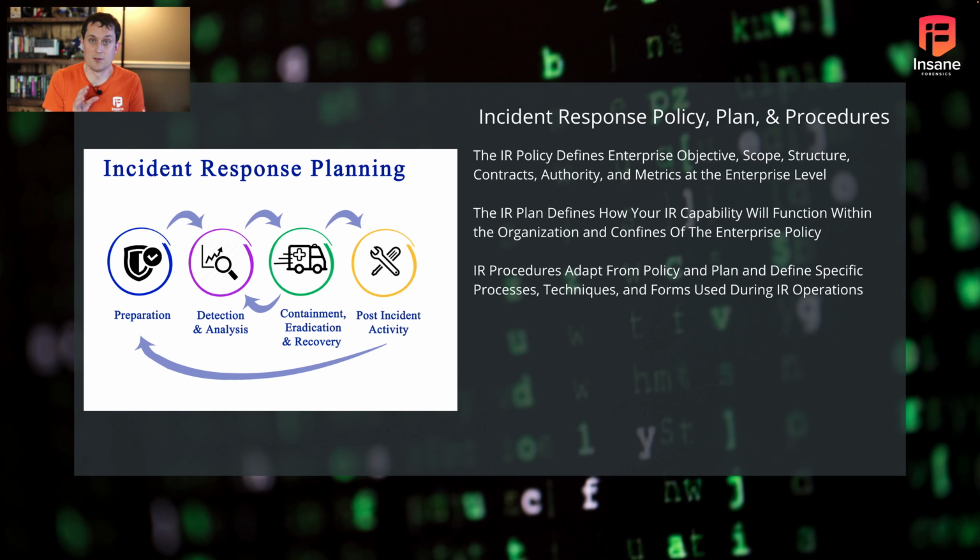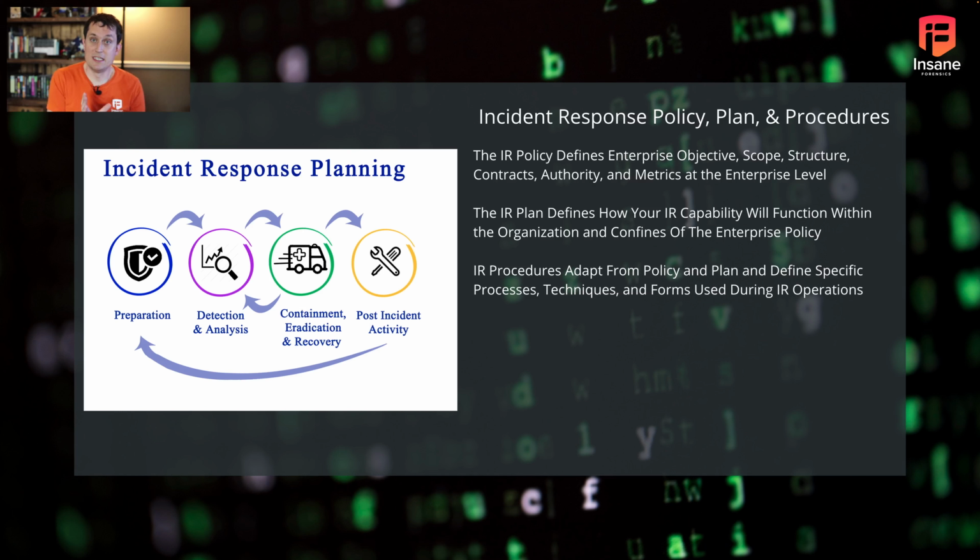For the difference between policy, plan, and procedures, in case you didn't watch the last video: the policy defines the overall enterprise approach, the objectives, the scope, the structure. This is what we're going to hit on today. The IR plan is the intermediate level that says this is how you're actually going to implement the IR capability on the organizational level.